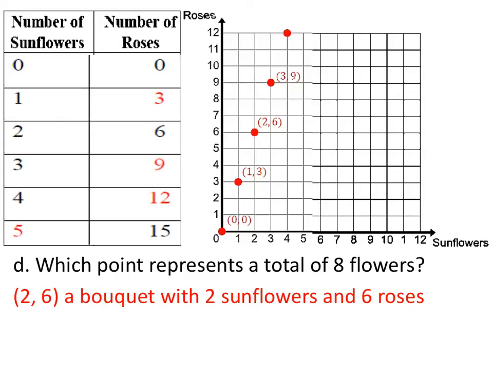And there we have it. The point (2, 6) would give us 8 total flowers. So 2 sunflowers and 6 roses would be 8 flowers.